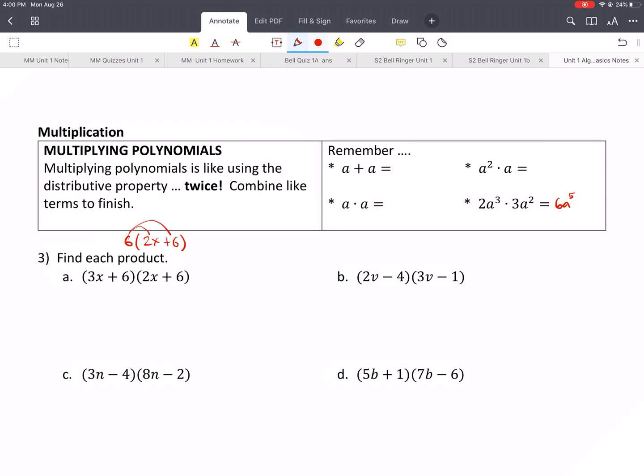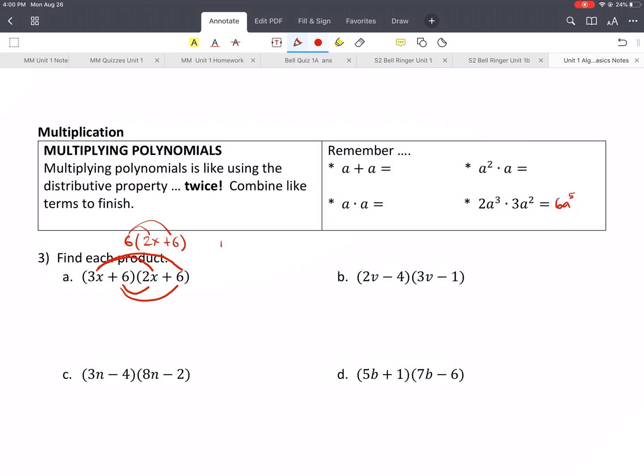All right, now since we have two terms in the front, we basically have a polynomial with two terms and a polynomial with two terms, we need to make sure we distribute to both terms inside for each polynomial. So we'll distribute to there, then we'll distribute to here, then we'll distribute 6 to 2x, and then 6 to 6.